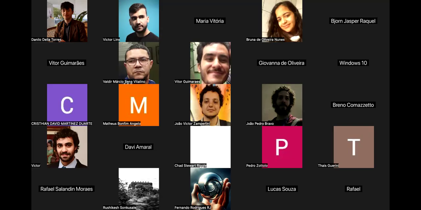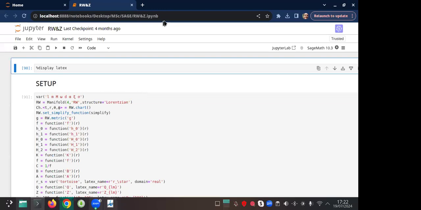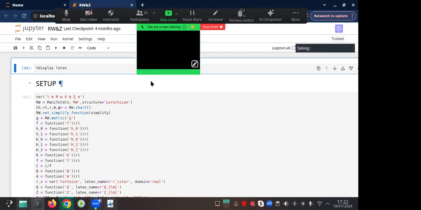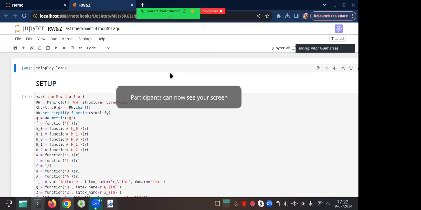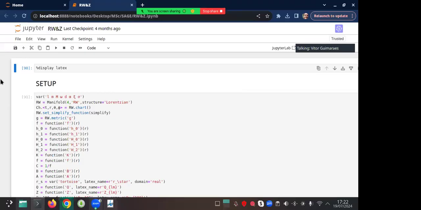Okay, so now what you are looking at is basically the notebook from SageMath that I used to construct the metric perturbations and get to the Regge-Wheeler and Zerilli equations.